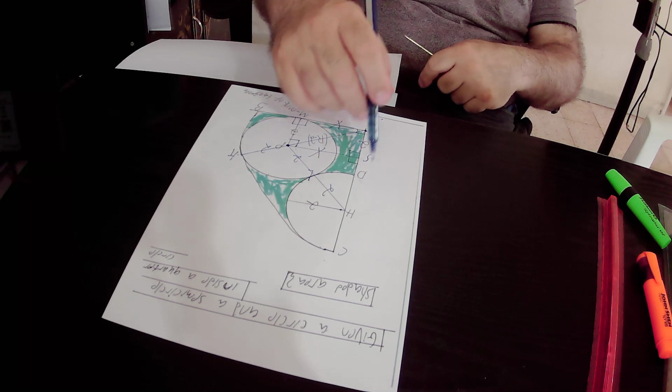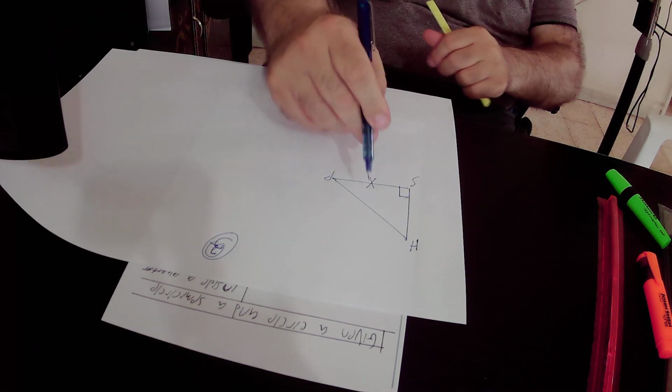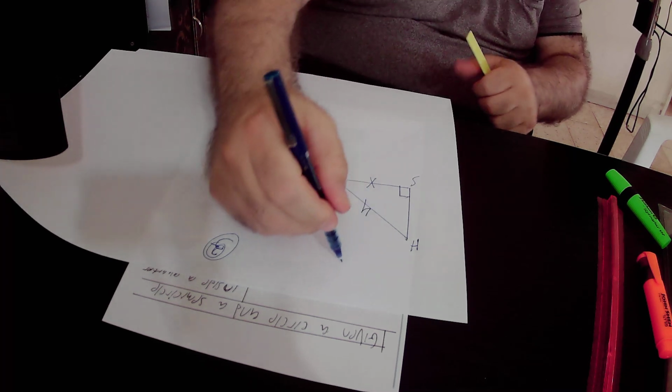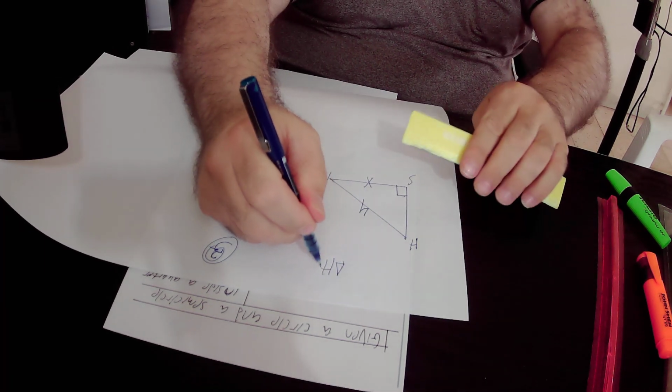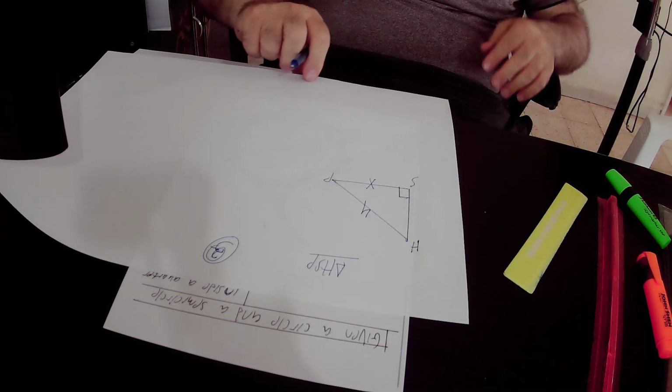We've already found out that HP equals 4 units. The hypotenuse HP equals 4 units.